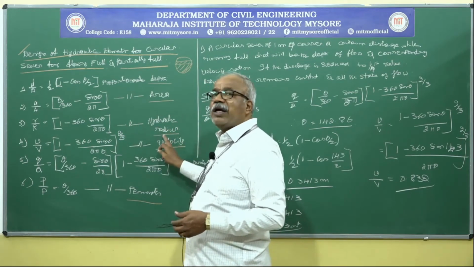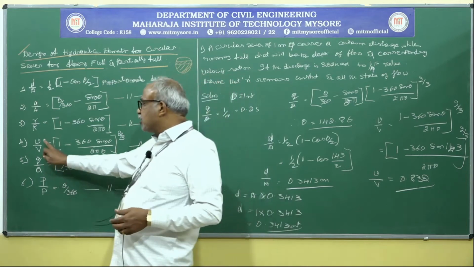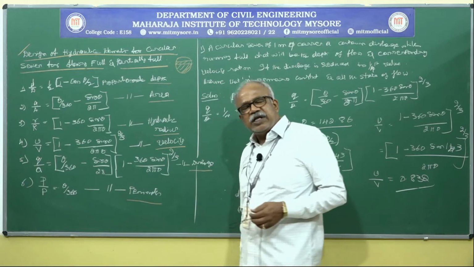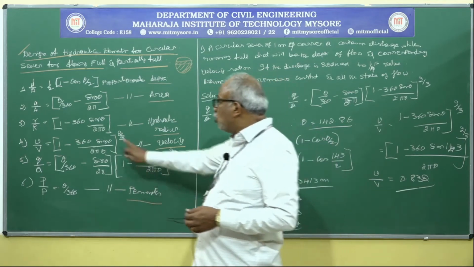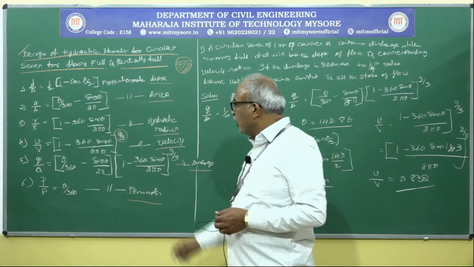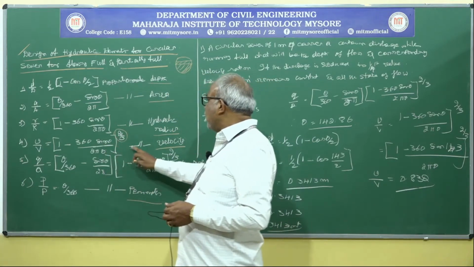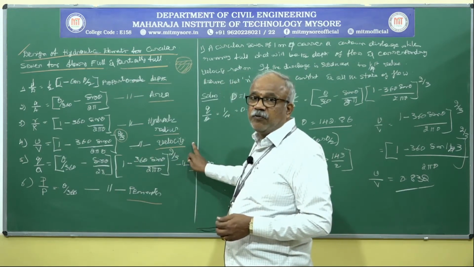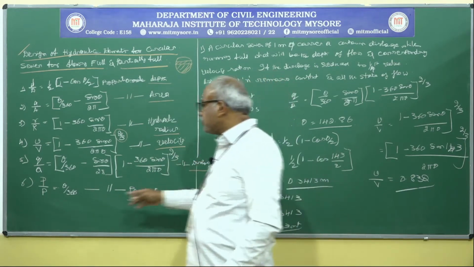That is to calculate proportionate hydraulic radius. Next, small v by capital V equals (1 minus 360 sin theta by 2 pi theta) to the power of 2 by 3. This equation is used for calculating proportionate velocity of flow.